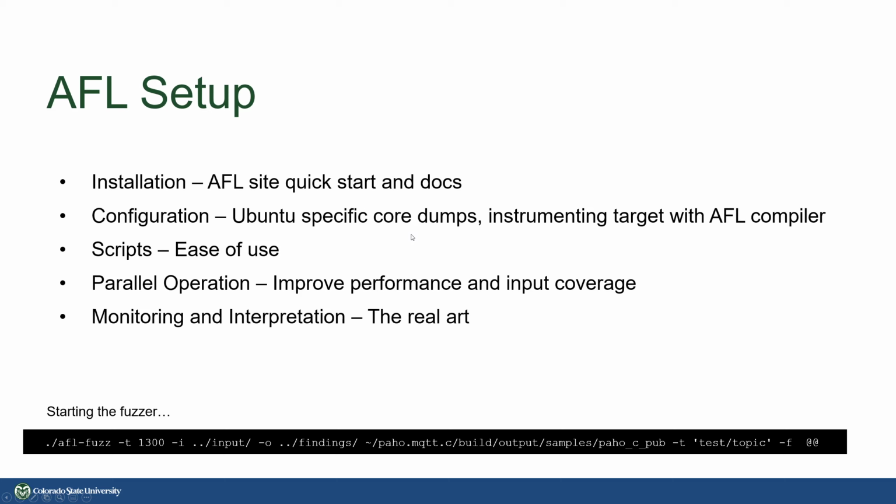And then I had to instrument the Paho library by compiling it with AFL's compiler instead of the normal GCC. And then you can see the command down here to actually start the fuzzer is pretty long, so I just put that in a couple different scripts with different options just to make it easier to run multiple tests instead of typing that out every time.